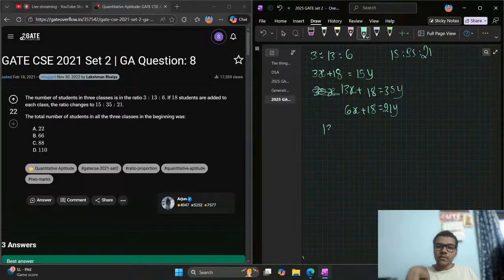So let's do this. 13x plus 18 is equal to 35y. What do we cancel here? If we multiply this by 3, we get 39x plus 54 is equal to 105y.